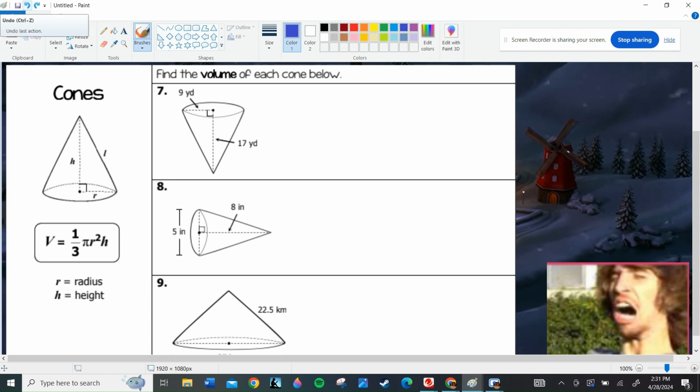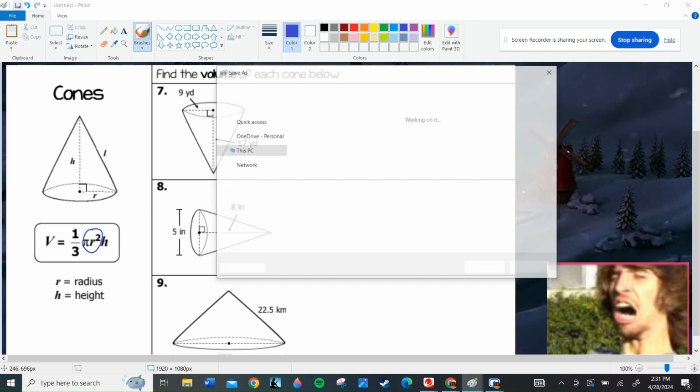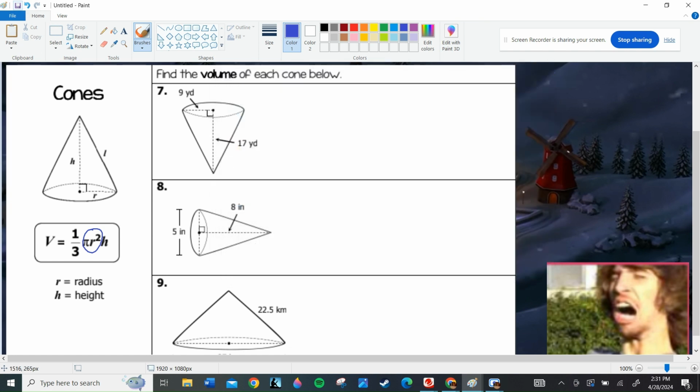But you have to realize pi r squared is the base because pi r squared is the area of a circle. On a cone, what's the base? What's the base of a cone? The base of a cone is a circle, pi r squared. So pi r squared creates the base.